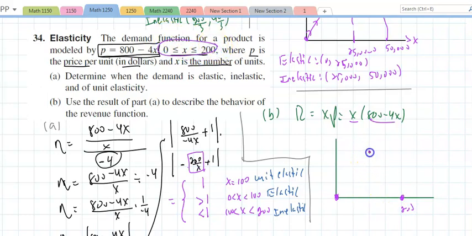And halfway through, and let me tell you, that's how parabolas look. Those are always symmetric. This is 100. 100 is really the unit elastic. And from 0 to 100, do you see that this is elastic?